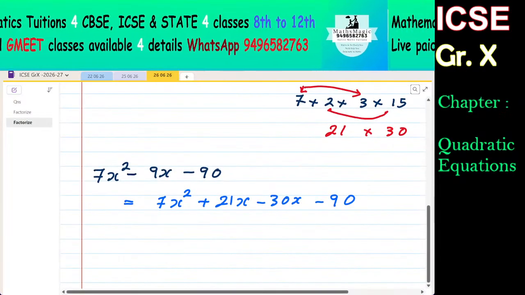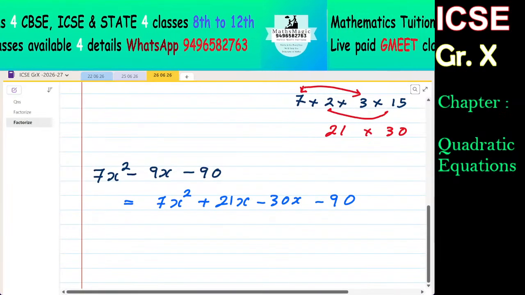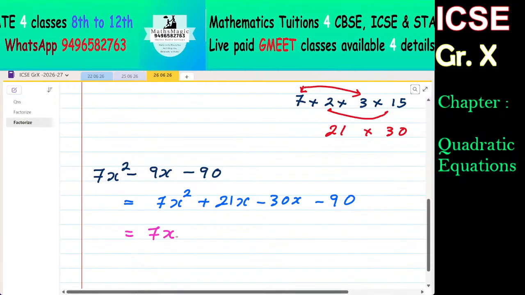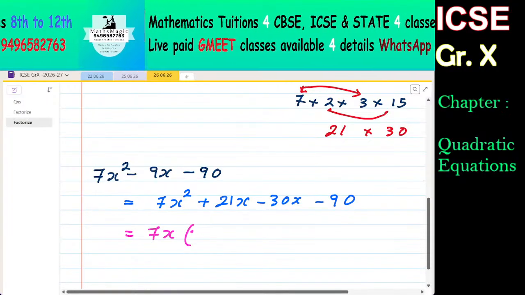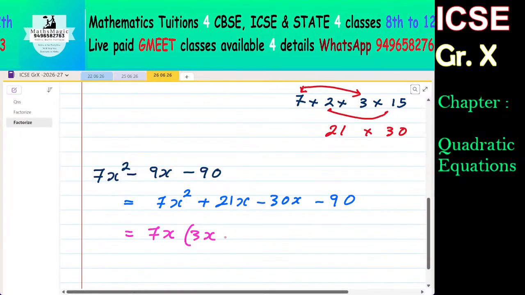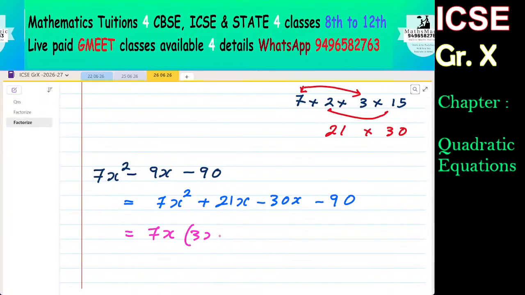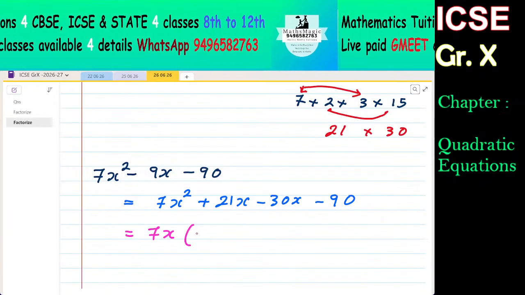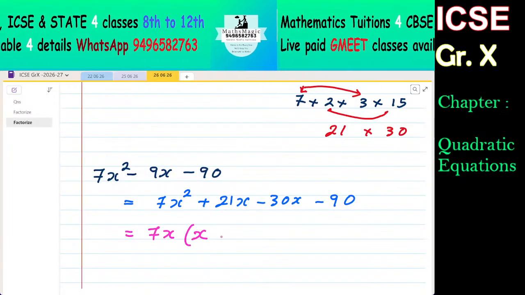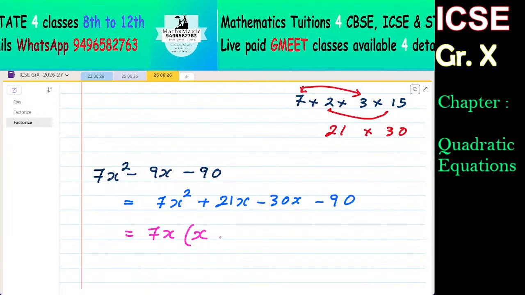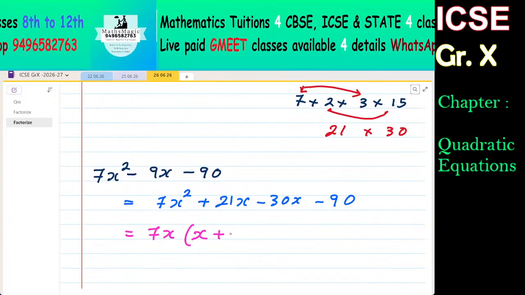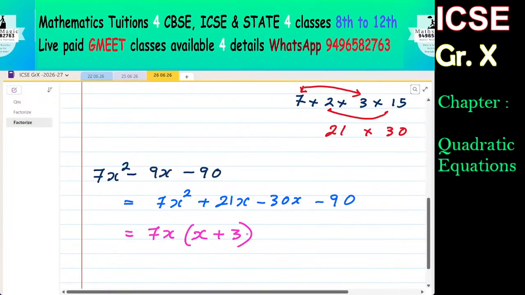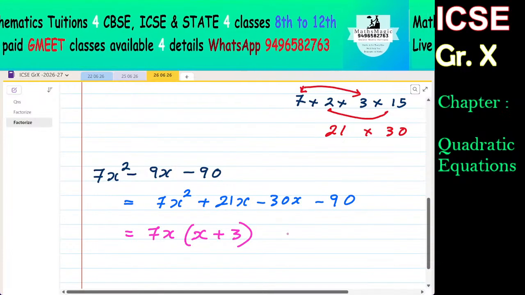Now, taking the common factors, you will get 7x times 3x, right? Is it 3x? No, it is x. Okay. 7x times x is 7x squared plus 3 times 7x is 21x.